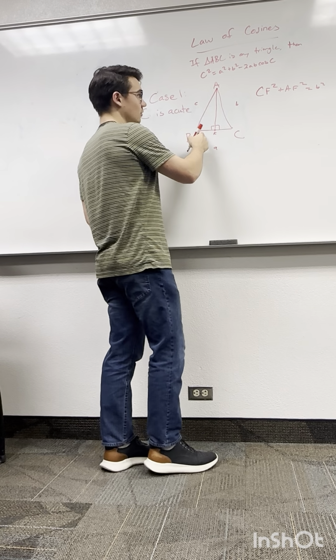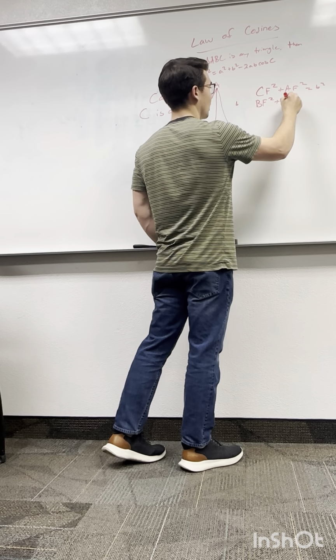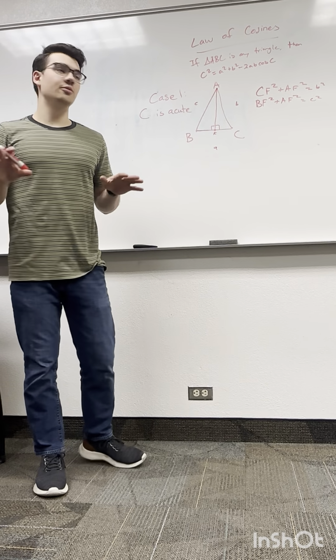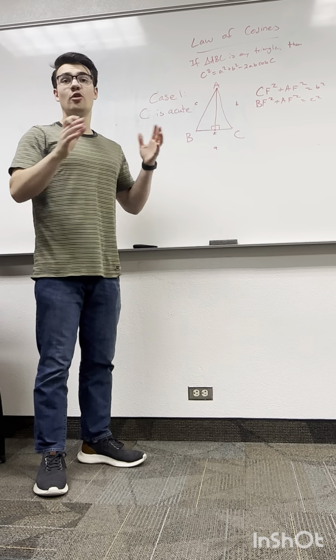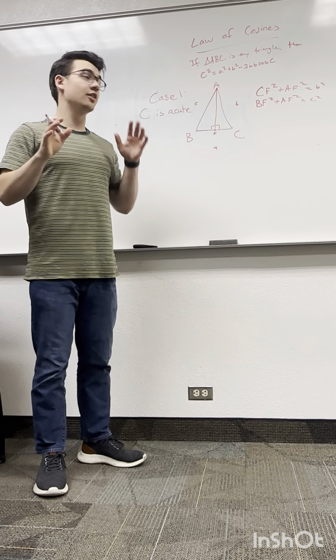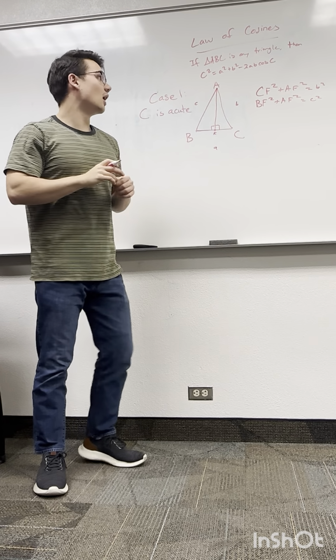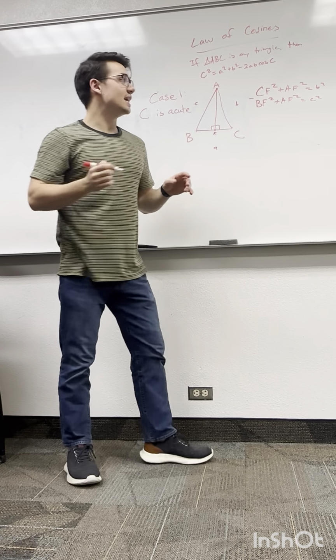We also know from this one that BF squared plus AF squared equals C squared. Now, what I'm about to do is going to seem pretty arbitrary, but it's a relationship that we're going to use later on in the proof, in both the case where C is acute and the case where C is obtuse.